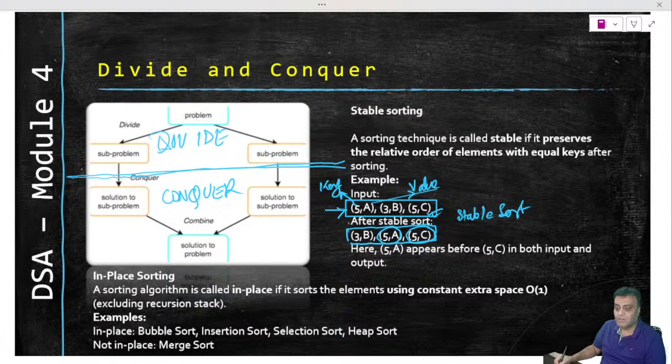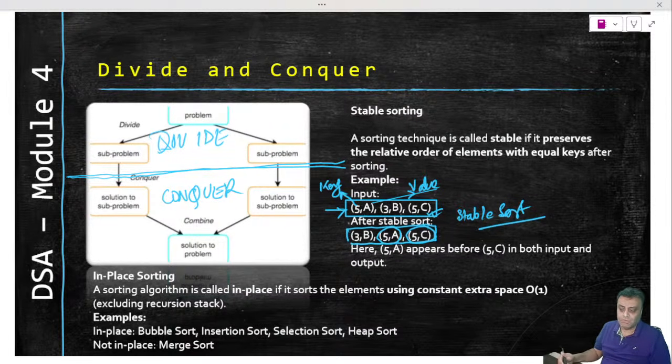If you disturb the original sequence of same keys, or same array values rather, then it is an unstable sort. So remember that stable sort is only applicable for arrays which have duplicate elements. We are saying that this duplicate element occurred before the other duplicate element. After the sort, does it also occur before the other duplicate element? If this sequence is maintained, it is a stable sort. So that's what stable sort is.